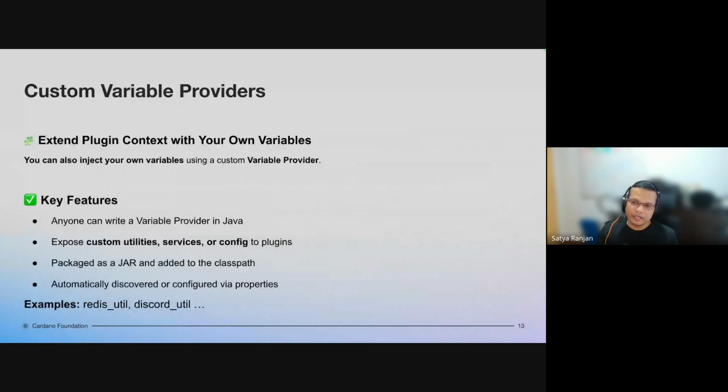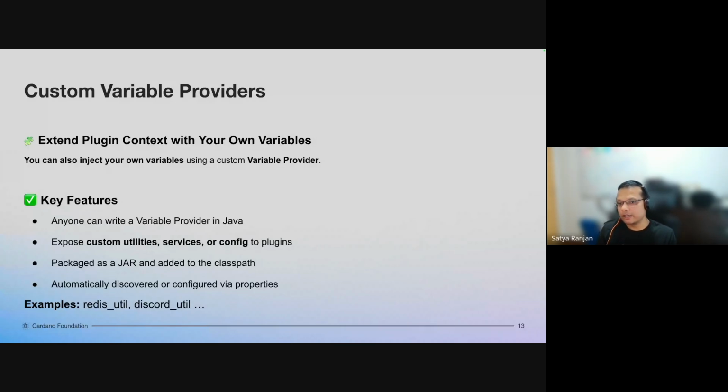And as I already mentioned, we can also easily extend these variables by providing custom variable providers. It's just another Java application you write, one implementation bundled in a jar, put your jar, and it will be immediately available. You don't need to change anything in Yaci Store. And the way I see it, it can be written by anyone, right? So let's say someone writes a custom variable provider for Telegram bots.